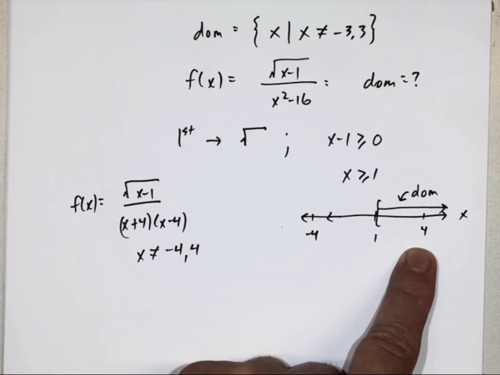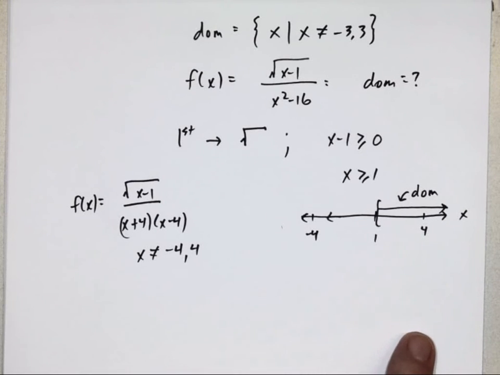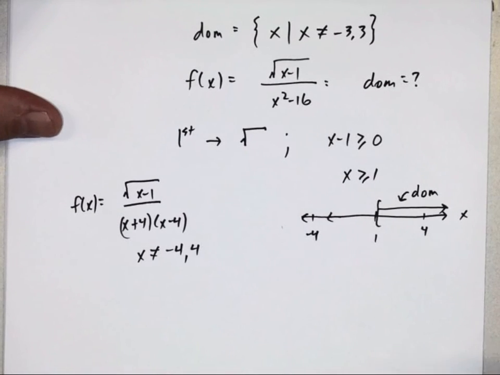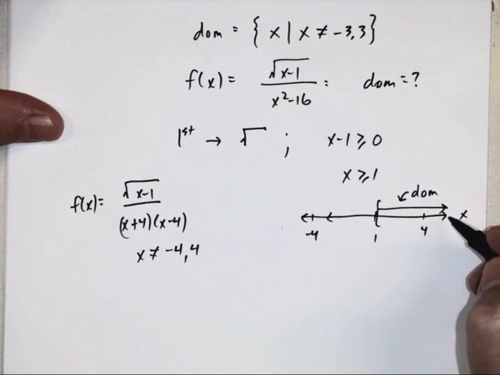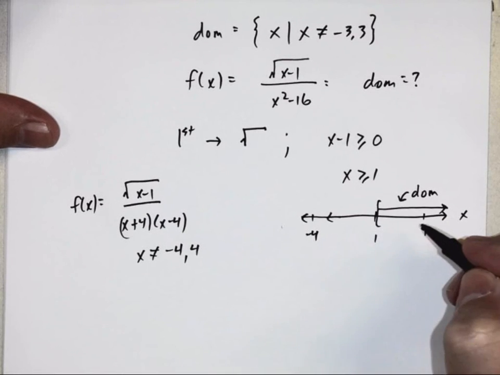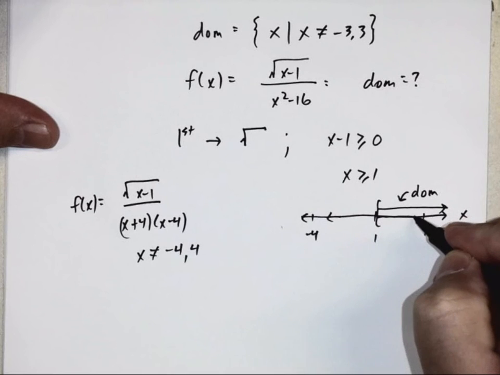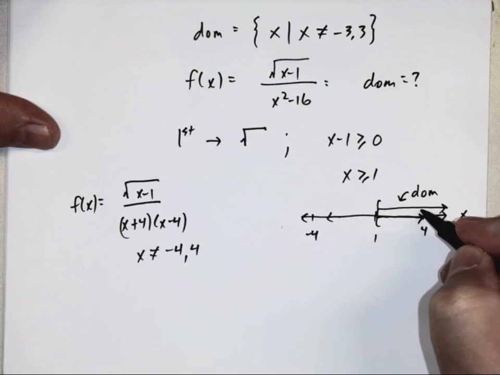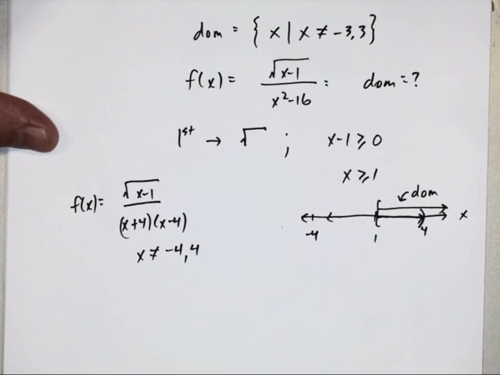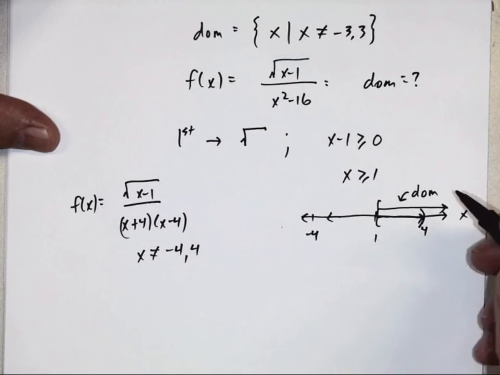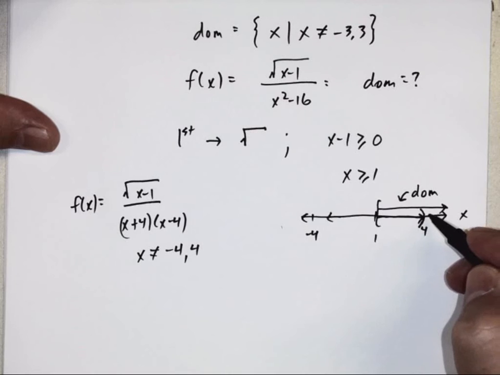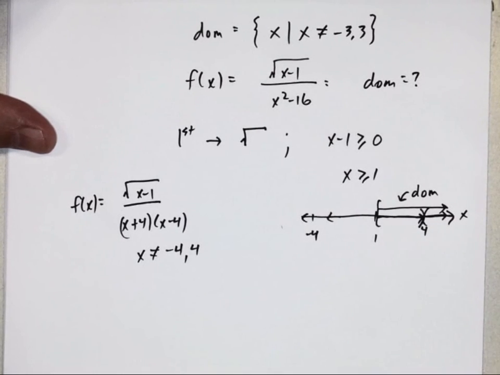Even if it doesn't cause a problem for the square root, I know that x cannot be equal to 4. So in a sense, my graph now has to change. It's almost like I start at 1, then I go to 4, I have to stop because I cannot include 4 in my domain, and I have to sort of skip or hop over 4 and then keep going.